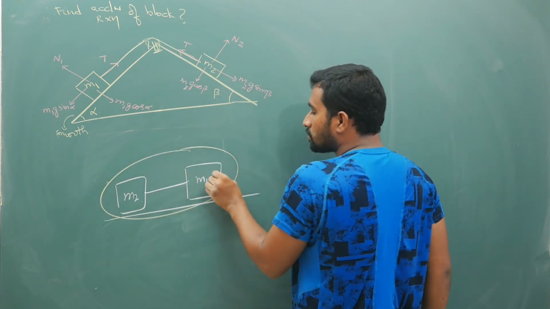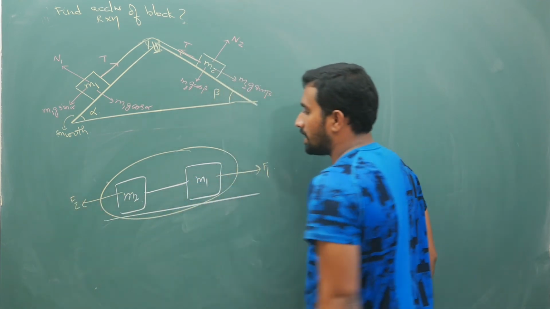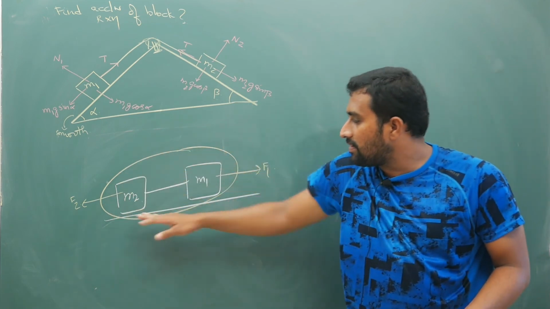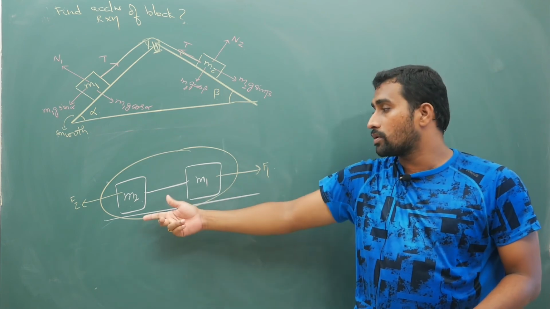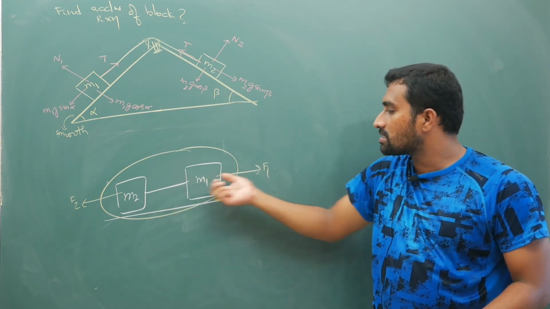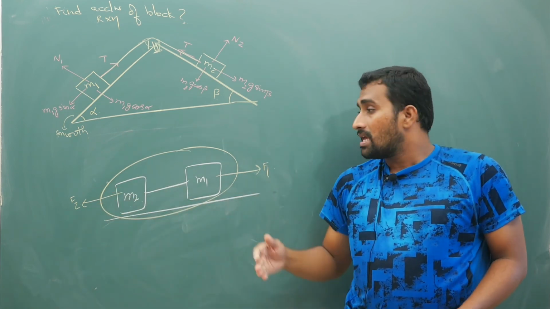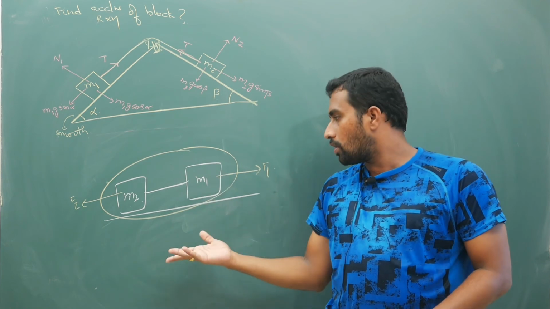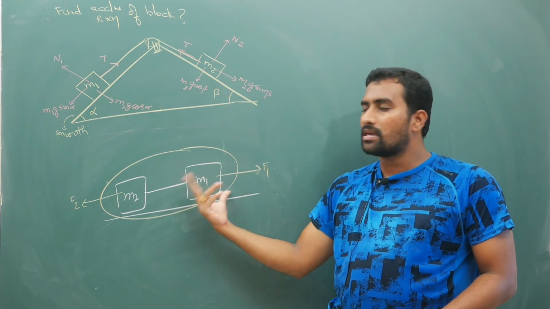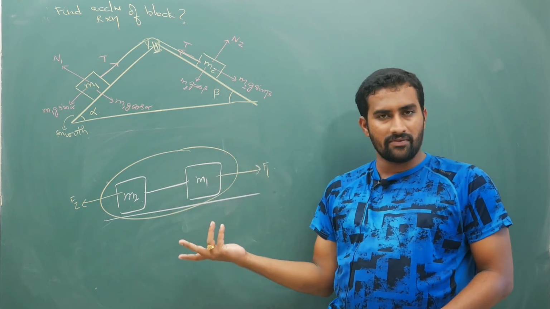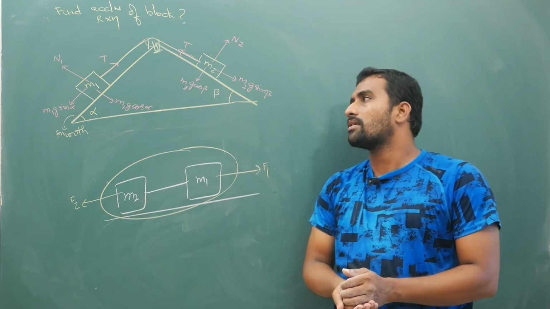If I consider these two as a system, if force F1 is acting on this side and force F2 on that side, overall this system will move in the direction where the force is more. It has nothing to do with masses m1 and m2. If F1 is more, this system will move towards the right. If F2 is more, this system will move towards the left. If the forces are equal, they will not move at all, because the forces balance each other. But whichever side the force is more, accordingly your system will move.